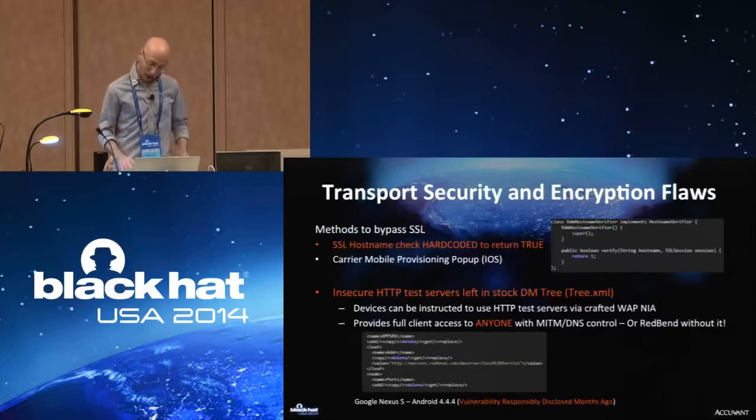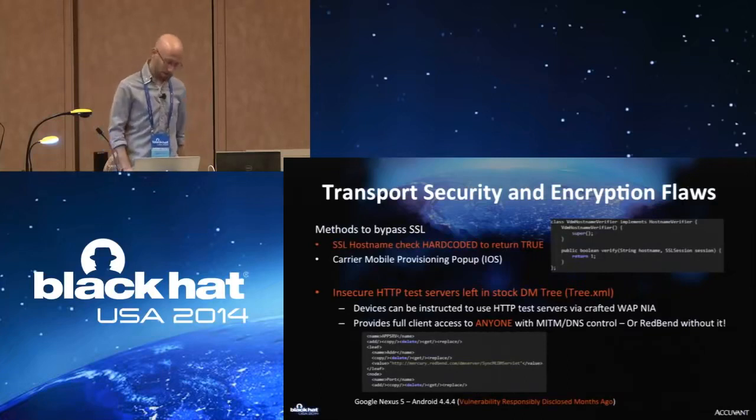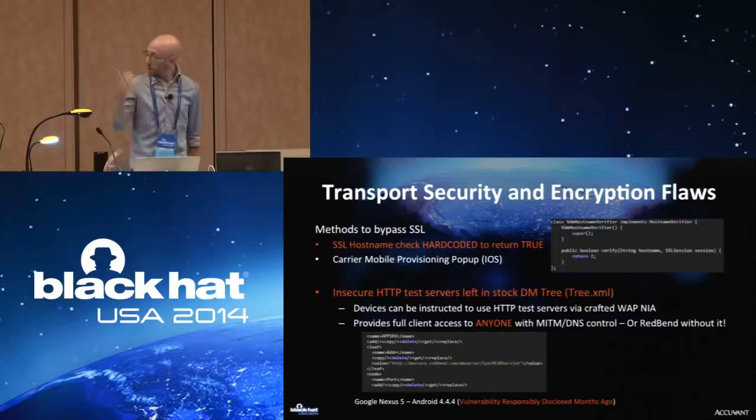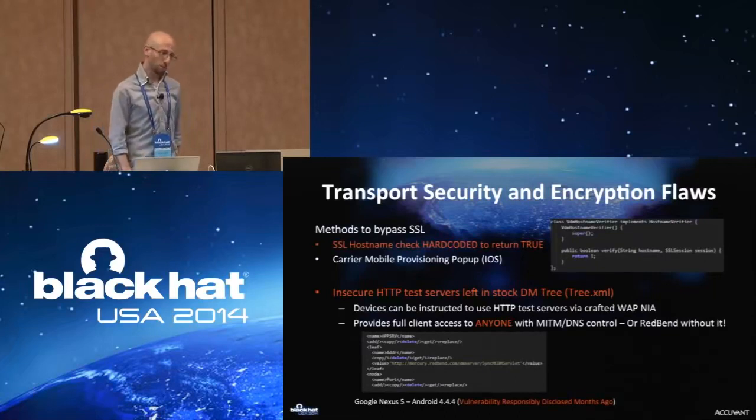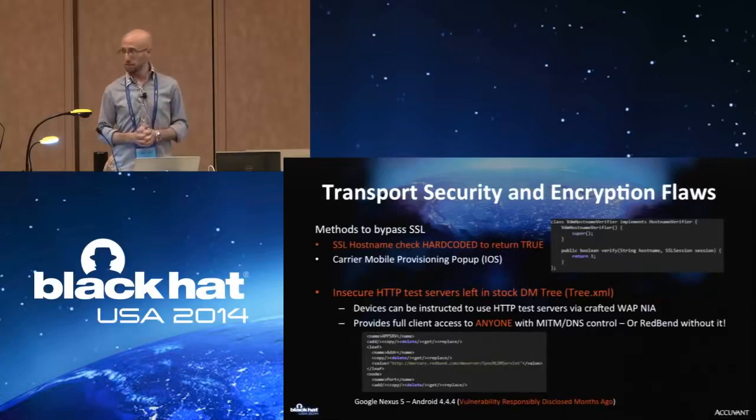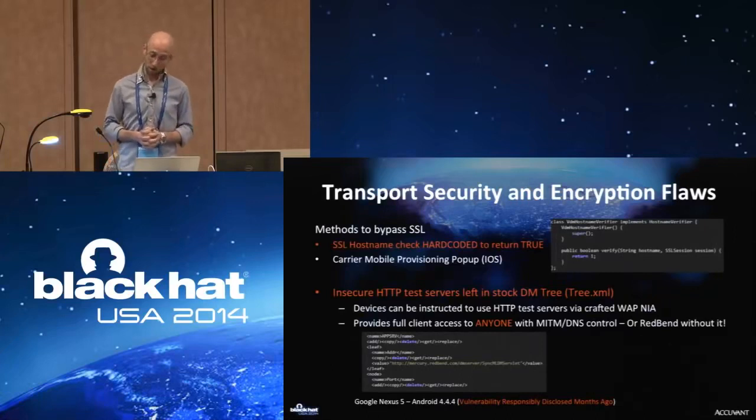Not sure why one company has this, considering they're not the ones managing it, but it's not for me to figure out. The sample we have on there is from a Google Nexus 5, Android 4.4.4, multiple months after we did responsible disclosure. This is an XML config file. We are not sure why it's still there.